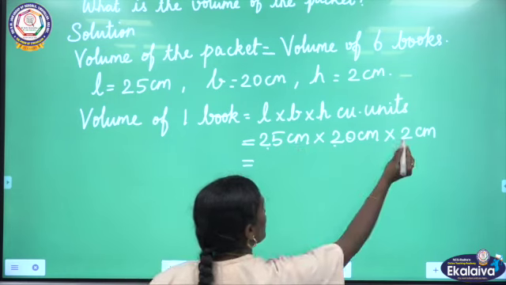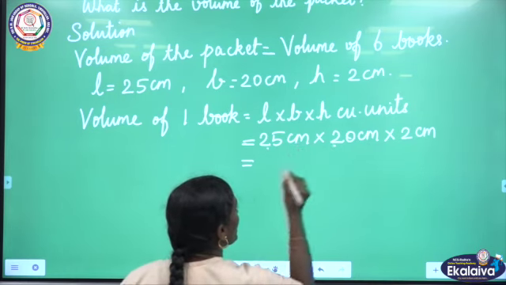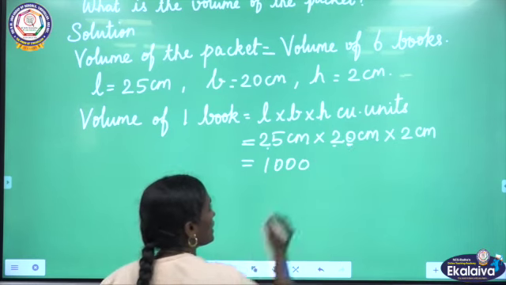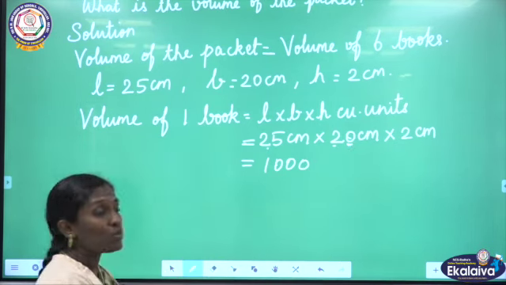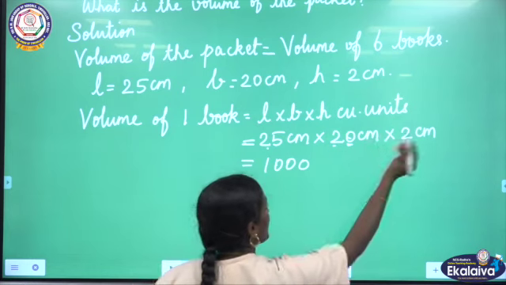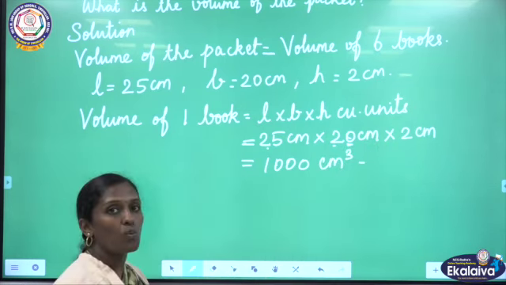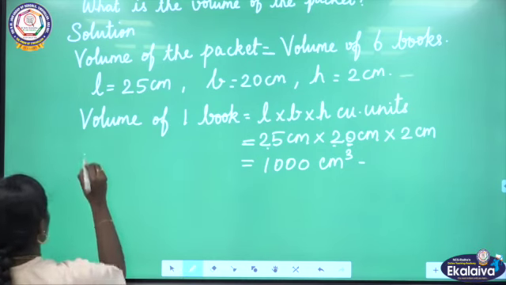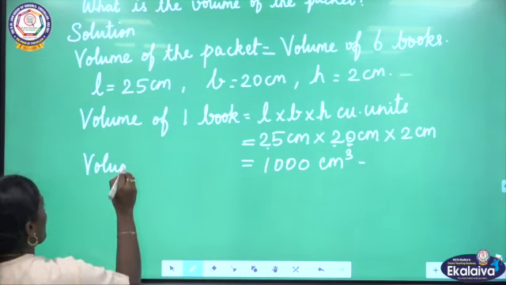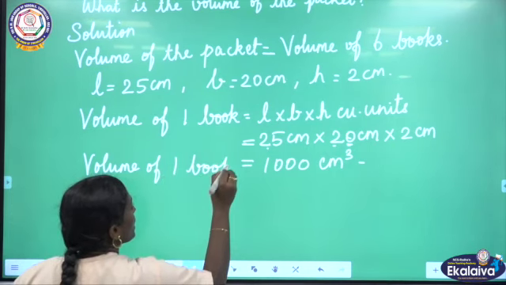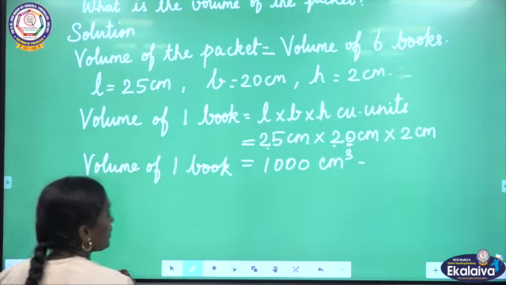So 25 into 2, 50, 50 into 2, 100, then we have to add this 0 in the answer. Then that is 1000 centimeter into centimeter into centimeter, we will get centimeter cube. This is the volume of one book. Volume of one book is equal to 1000 centimeter cube.